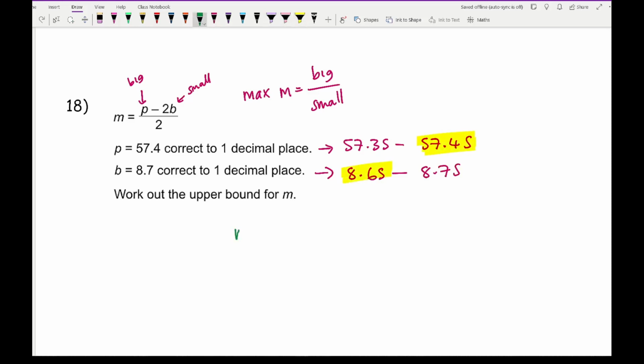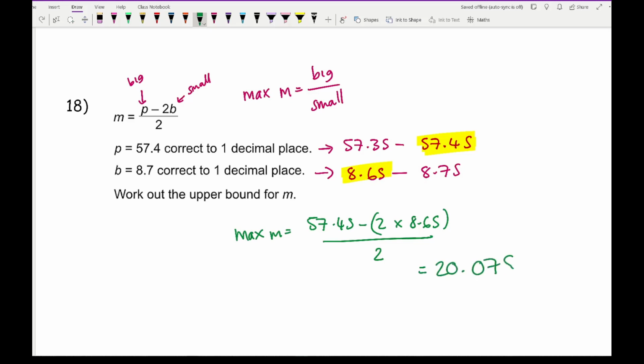So then here, the maximum M is going to be 57.45 minus 2 lots of 8.65, all divided by 2. And if I type that into my calculator, it gives me an answer of 803 divided by 4, which is 20.075.